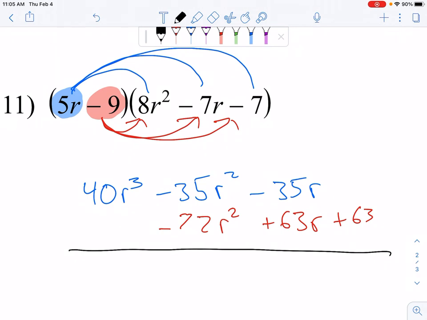I like being able to stack my work because when I go to count everything up, I don't have to look across. And so this is going to make a 107r squared.